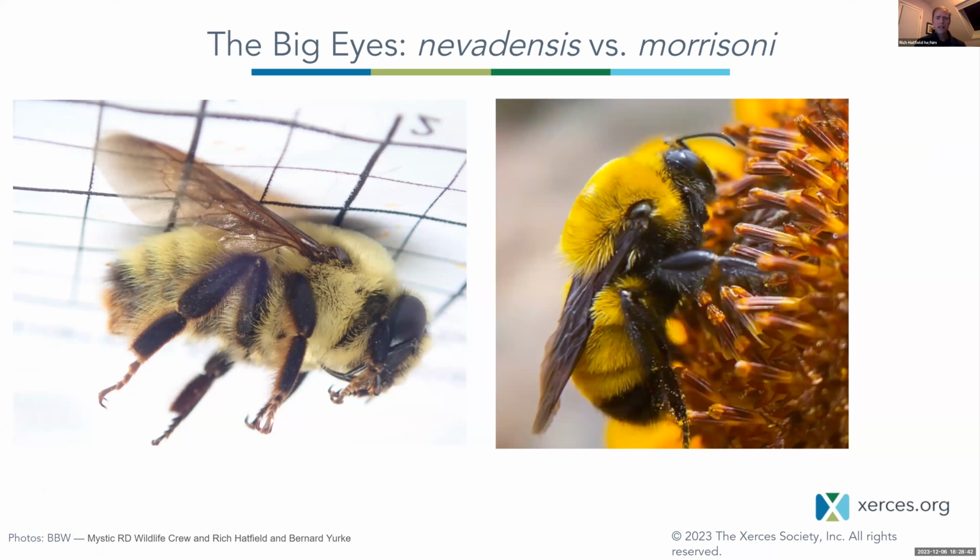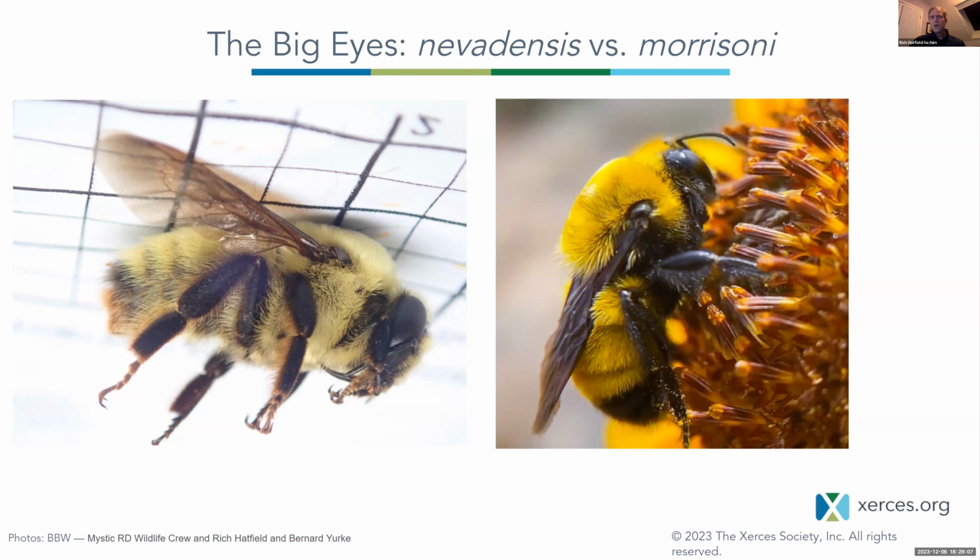They have a mostly yellow thorax, and the first three segments of their abdomen are yellow. One of the key things that we look at with the females is that the Nevadensis females have a black dot in the middle of their thorax, whereas Morrisoni are completely yellow in that area.